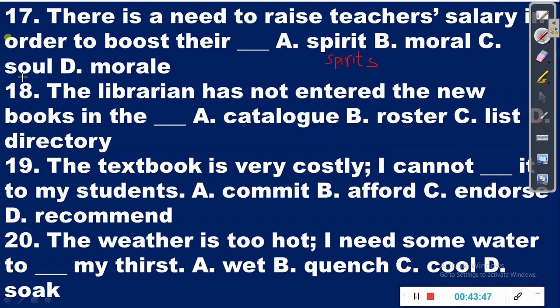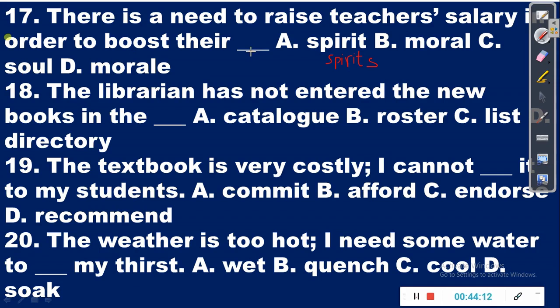Like the biblical quotation, what shall it profit a man if he gains the whole world and loses his own soul? So the soul is that aspect of a man's life that is believed to live after physical death. So certainly that is really not the intended meaning here.